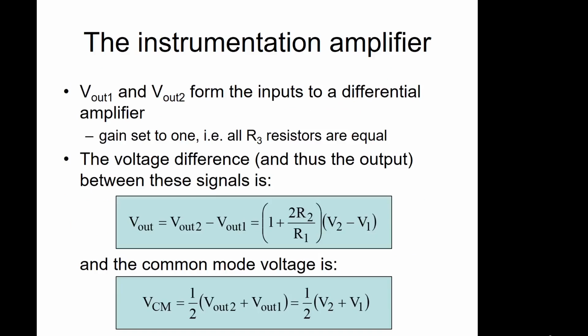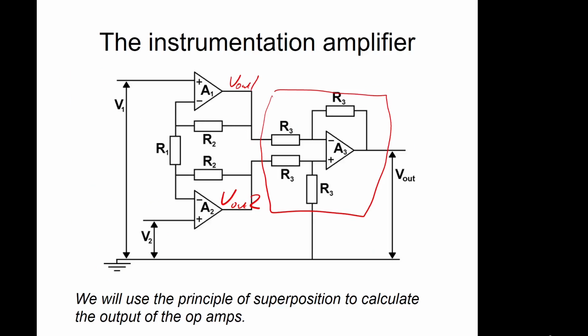So our difference amplifier is just amplifying the difference of the input voltages, and because all of these resistors are the same value, R3, then the gain is going to be 1 in this case. So we've got a difference amplifier with a gain of 1.